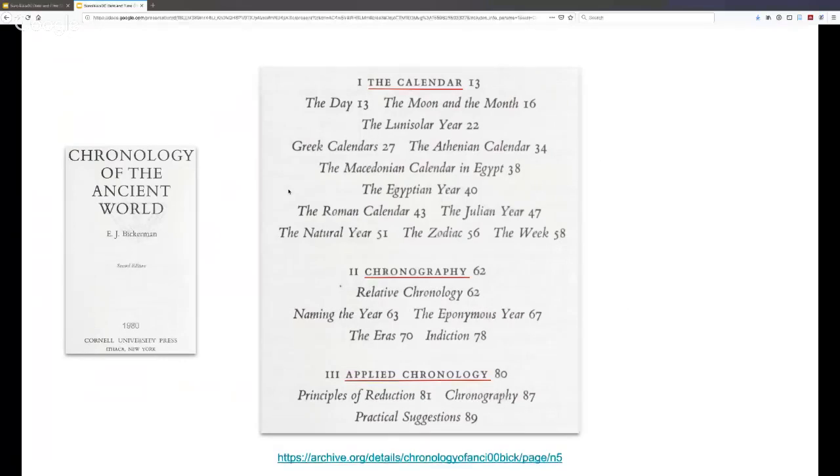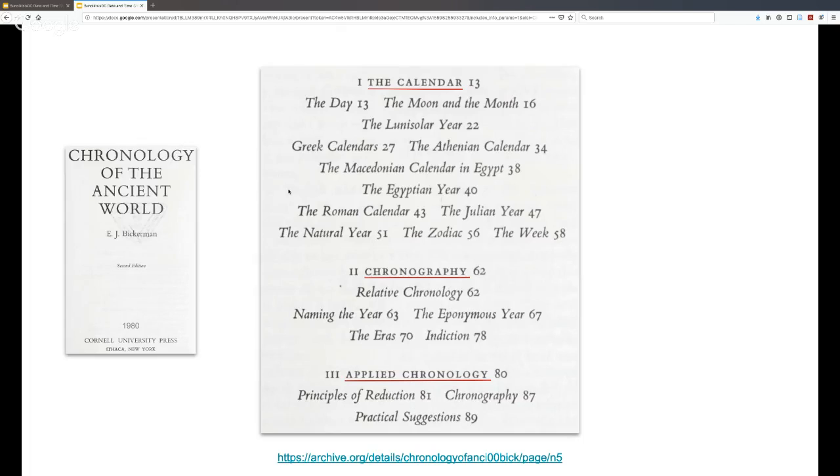Another interesting resource, especially if you want an introduction to the chronology of the ancient world, again with reference to the Greek and Roman world, is this book by Bickerman, which is really an introduction to this topic. I'm referring here to the table of contents because we have three main sections. The first concerns the calendar, and here we can see different calendars in ancient Greece, in Rome, and also in Egypt for the Ptolemaic period.